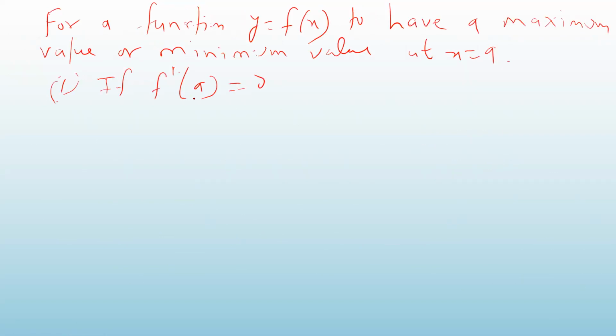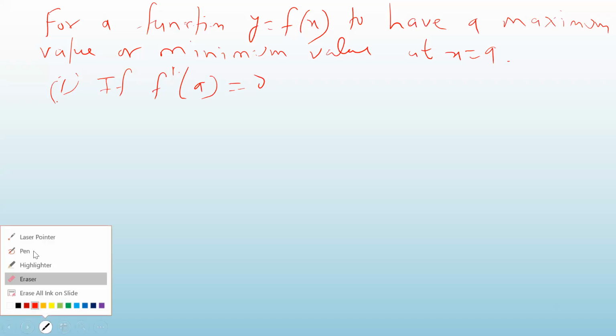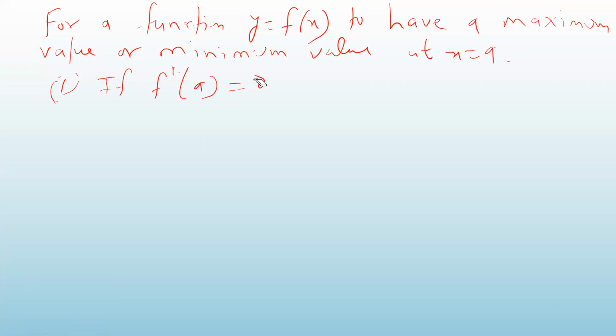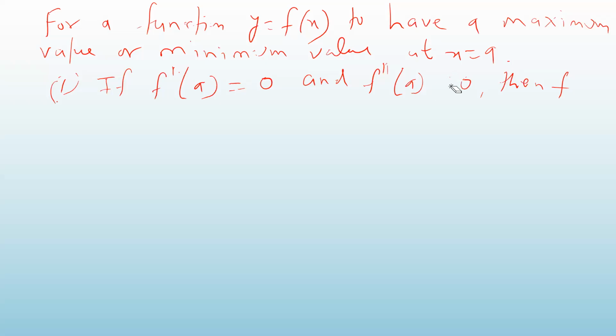So if f dash of a is equal to 0 and the second order derivative is positive, I will take the positive one first, and f dash of a is greater than 0.